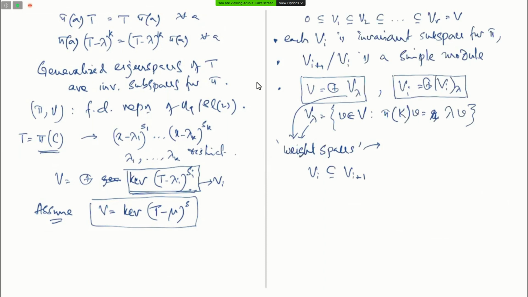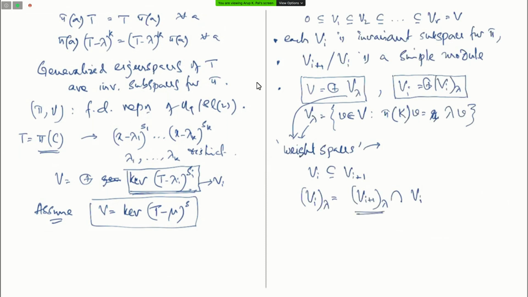Now if you look at the definition, what you will see is that Vi lambda is this intersection with Vi.